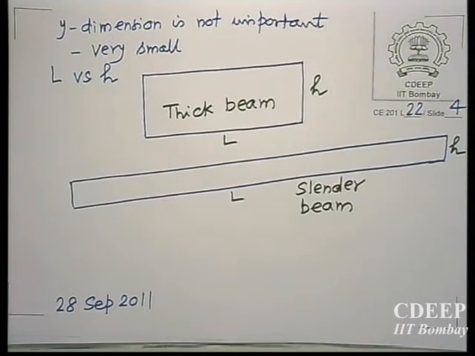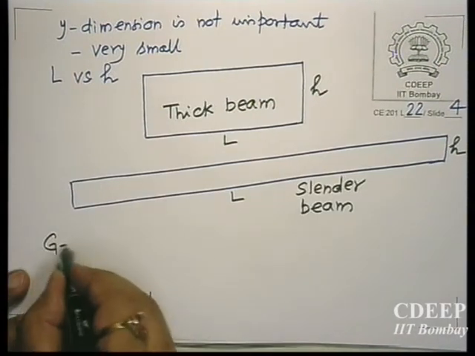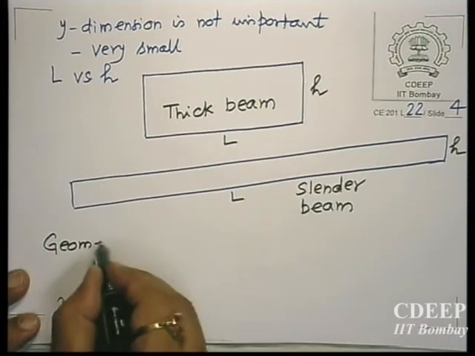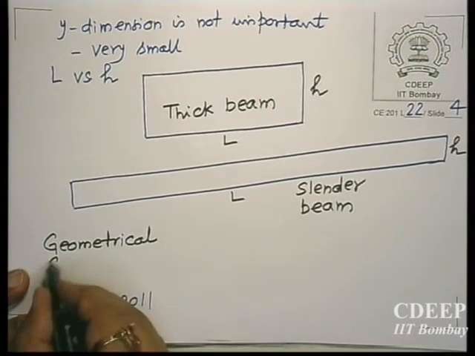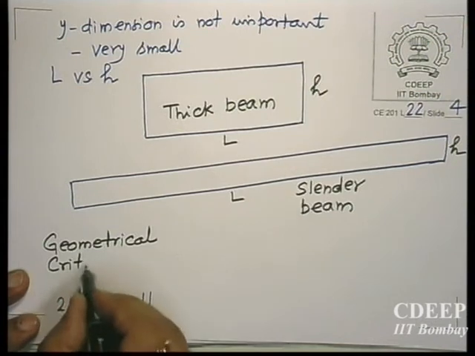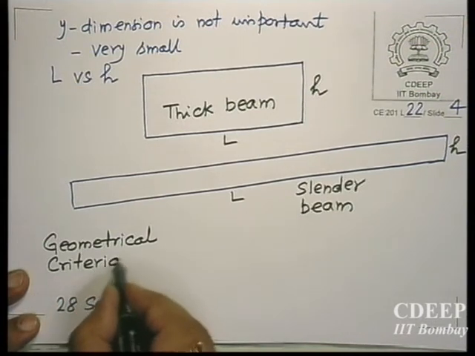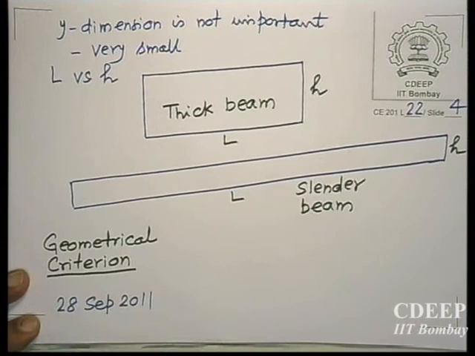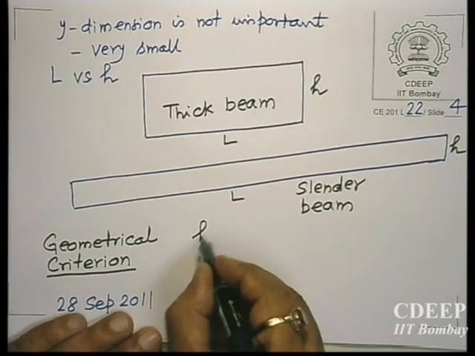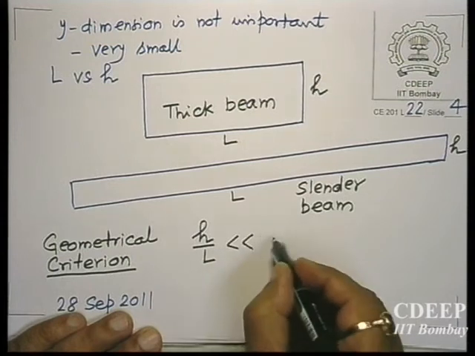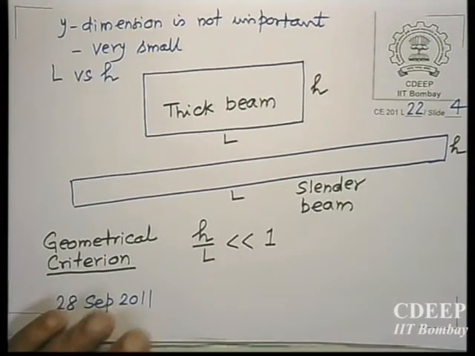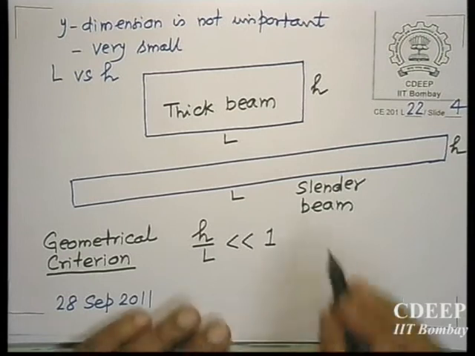So what is the geometrical criterion? I will have this parameter H by L. If H by L is small compared to unity, then it is slender.